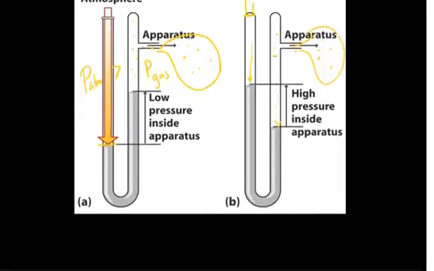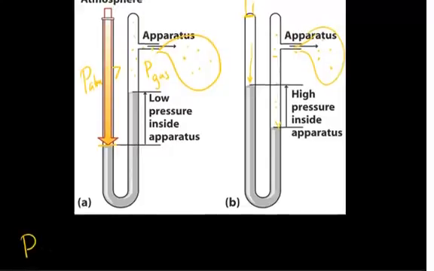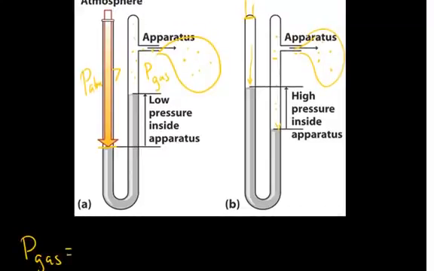So you can determine the pressure of the gas by comparing the height difference with the pressure from the atmosphere that would be reported in some measurement such as millimeters of mercury.